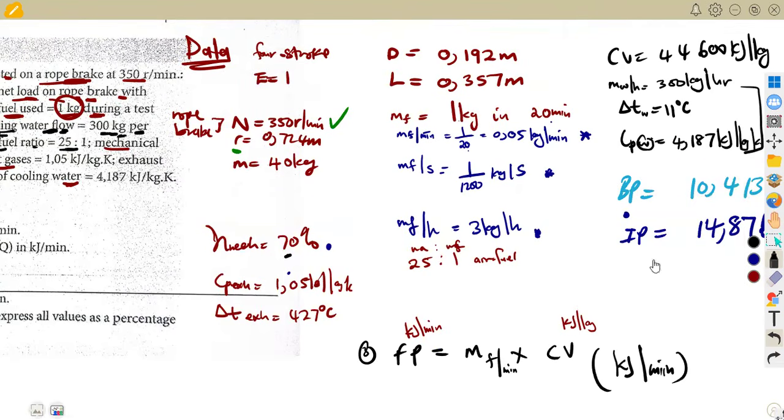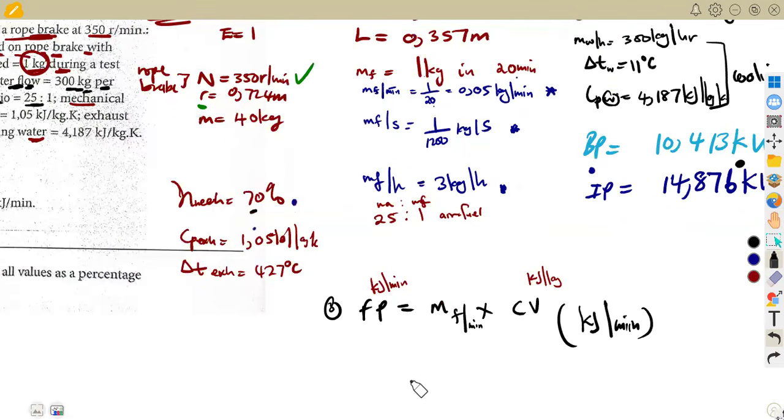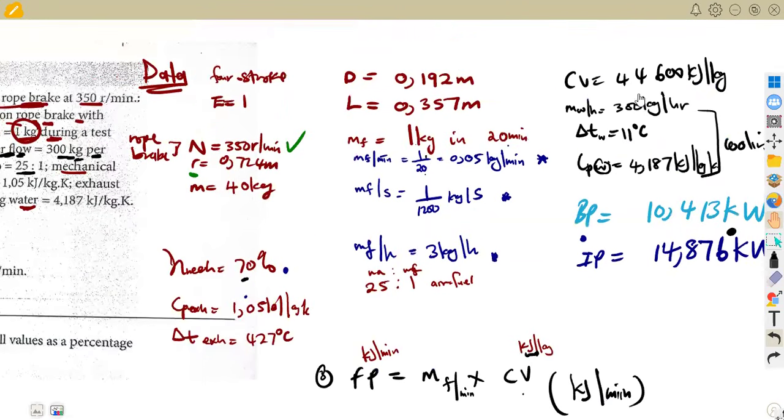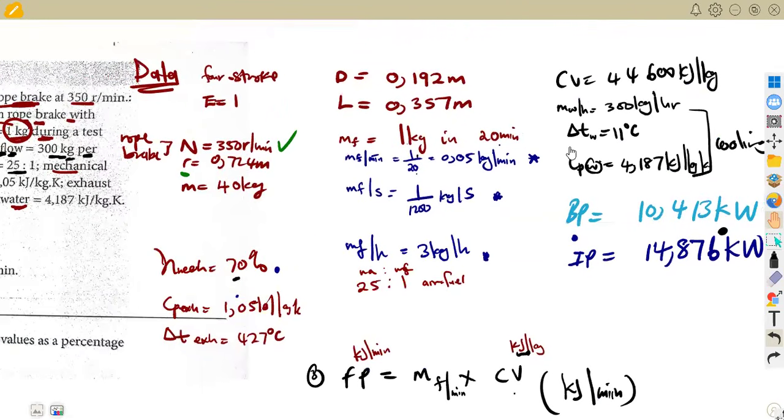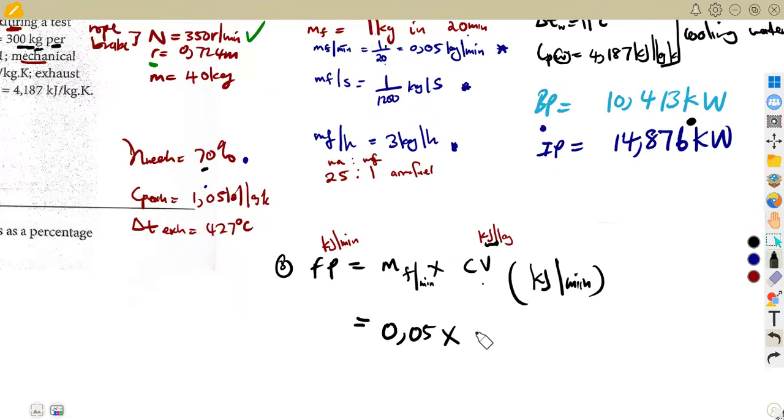Let us substitute. I already calculated the mass of fuel per minute. You can use 1/20, or the decimal, which is 0.05 kilograms per minute, times the calorific value in kilojoules per kilogram. We listed it on top: our calorific value, 44,600.